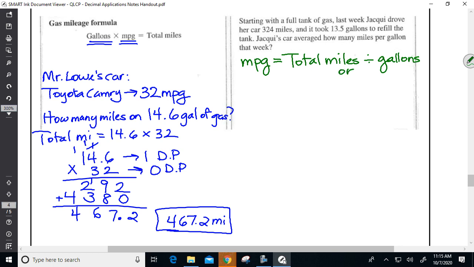Or if you were working for the number of gallons, you would take the total miles and divide it by how many miles you get per gallon. It depends on what you're being asked. So anything with a word problem, you've got to read it so that you know, well, what are they asking?